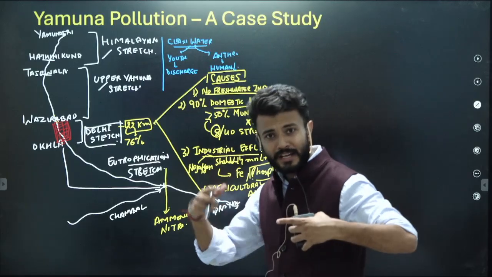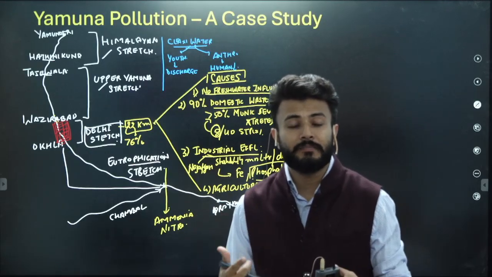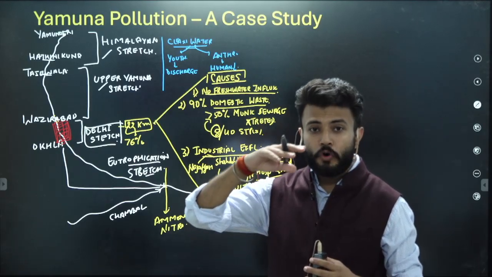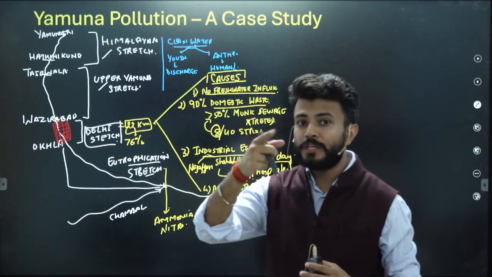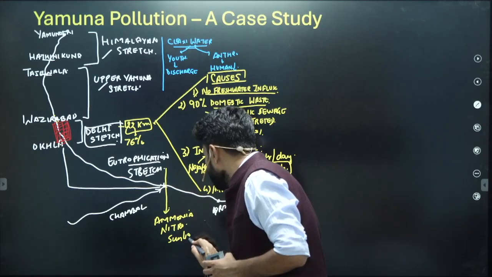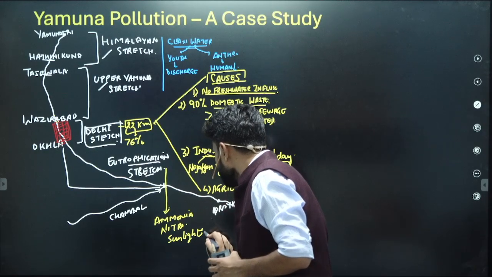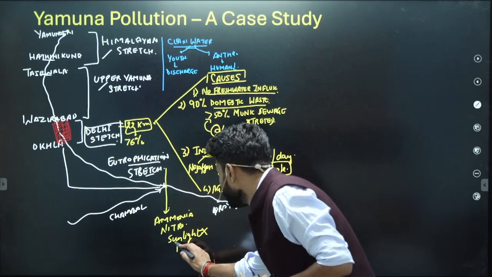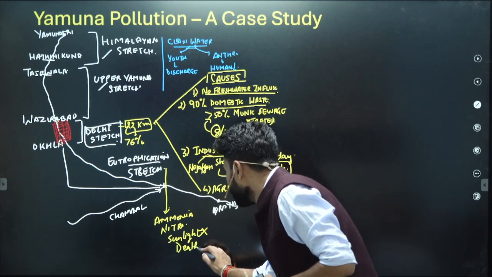Eutrophication. If eutrophication is taking place, if algae bloom is happening, obviously there will be relative opaqueness in the water, which will not allow what? The sunlight to penetrate the river water. If sunlight is not able to penetrate, then what will happen? There will be mass deaths of aquatic animals.